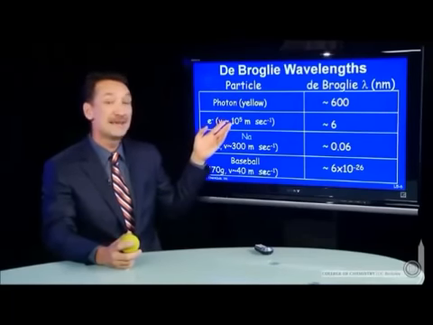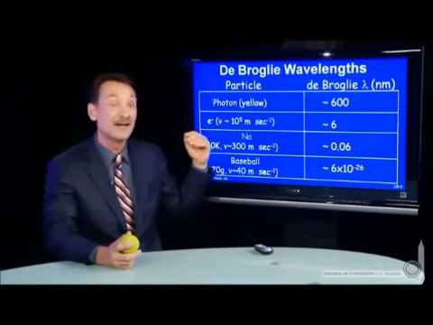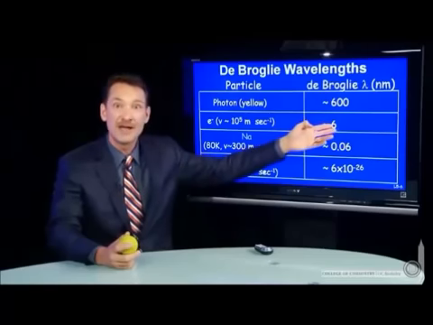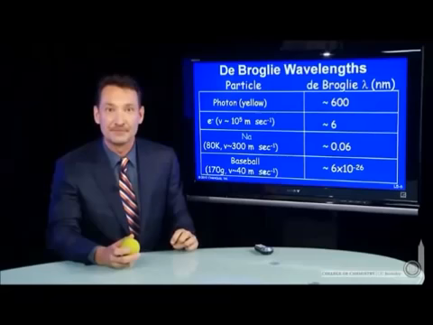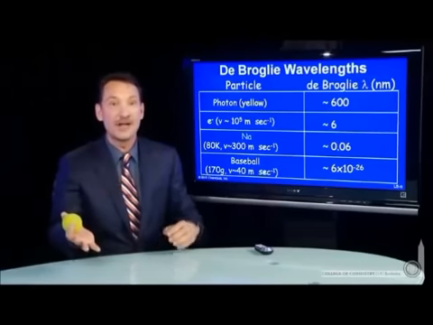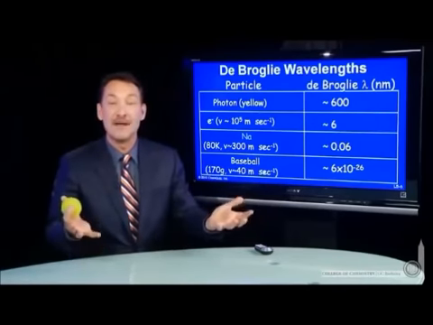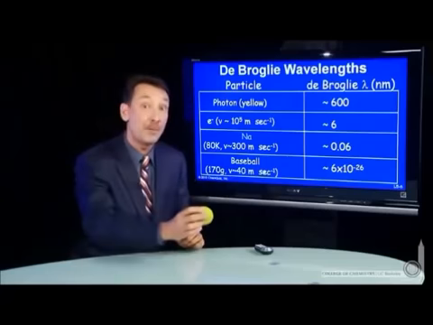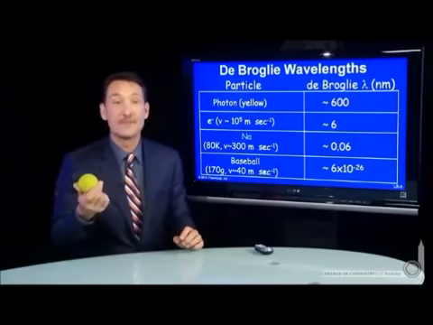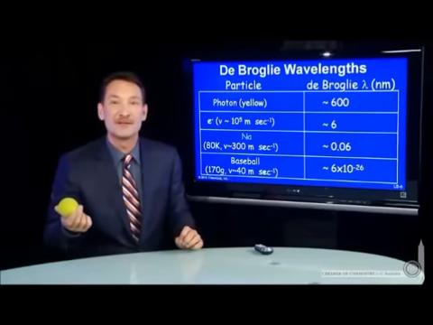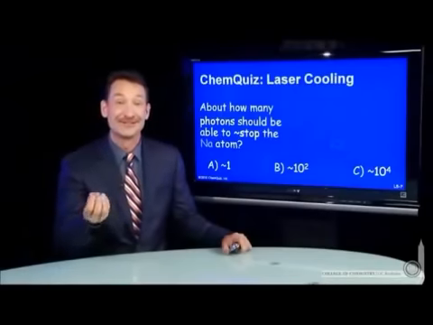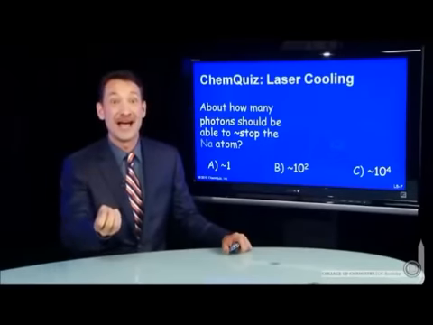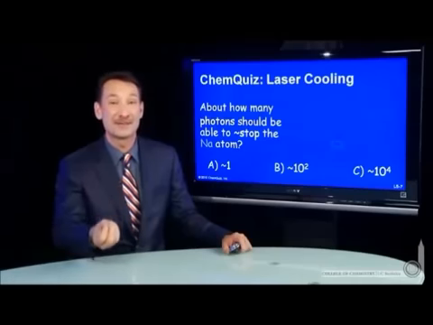If you have very, very tiny matter with very tiny momenta, then the wavelength creeps up into a region where you could actually detect it. So the particle and wave nature of matter is going to be important for small particles, but not for macroscopic large particles. We don't even notice it. Particles, electrons, small atoms, have wave-like properties.